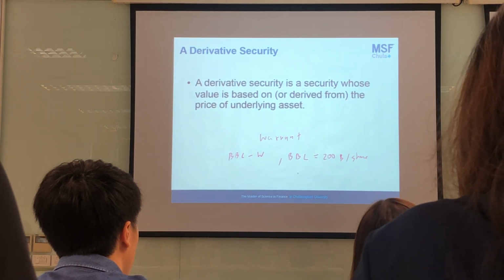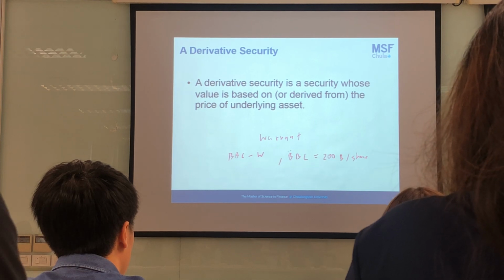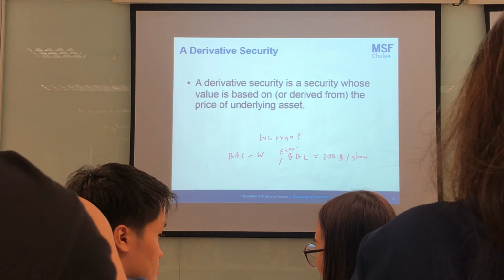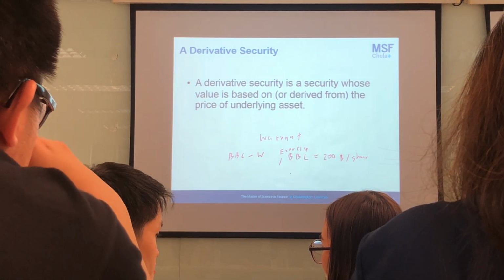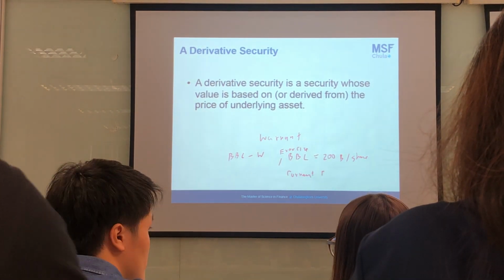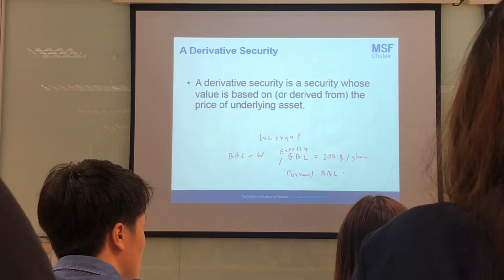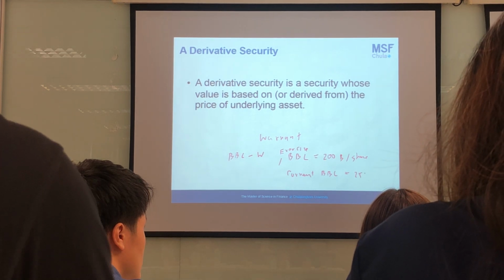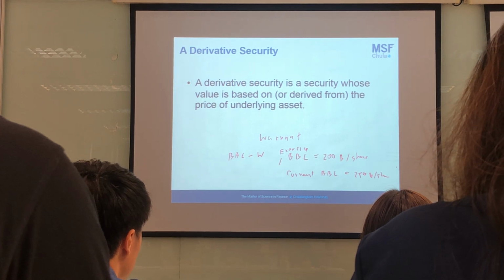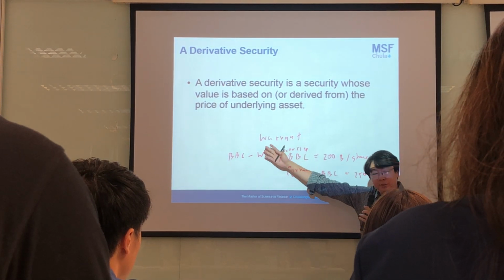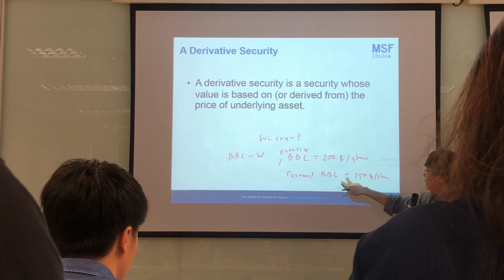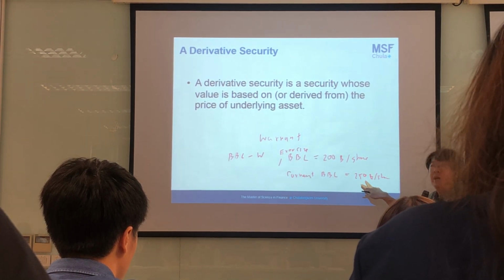We call this the exercise price. Suppose you can buy at the exercise price, and suppose the current Bangkok Bank stock price is 250 baht per share. Of course this warrant should have positive value, because you can buy the stock at only 200 baht, but the current stock price is 250 baht.